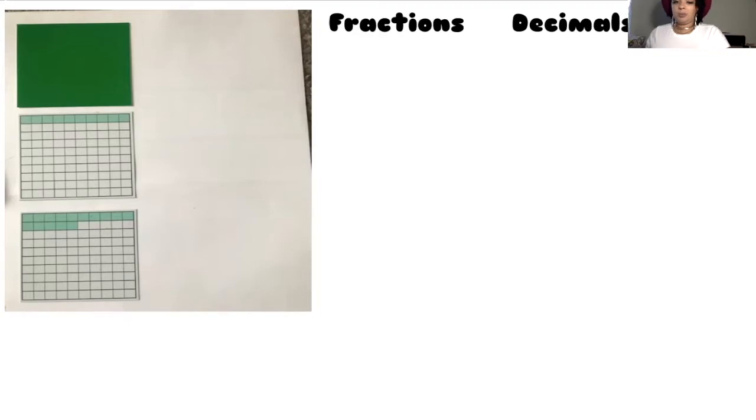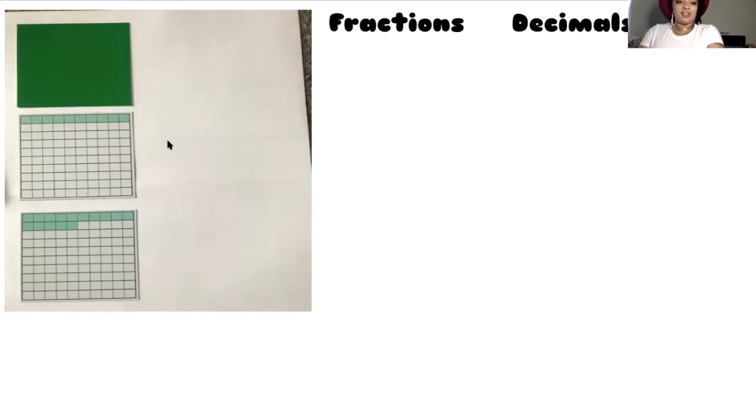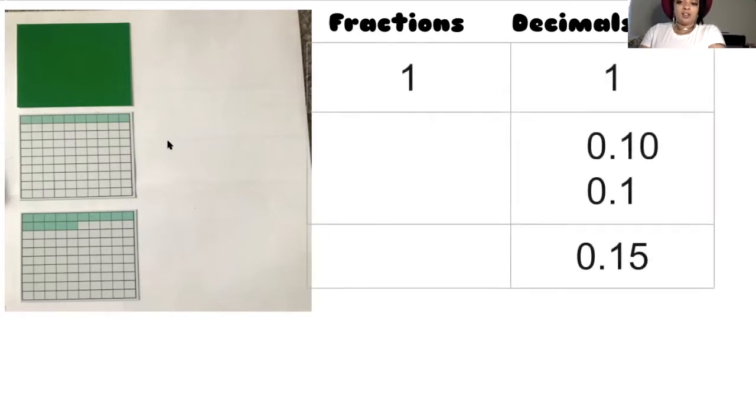For the picture in the middle, we know that it is broken into tenths, and I have just one of those tenths shaded. So that would be written as 0 and 1/10. I also have 10 of the hundredths shaded in. So it would be equal to 0 and 10 hundredths.